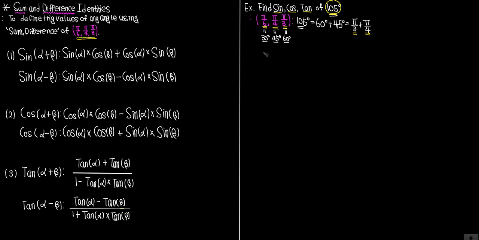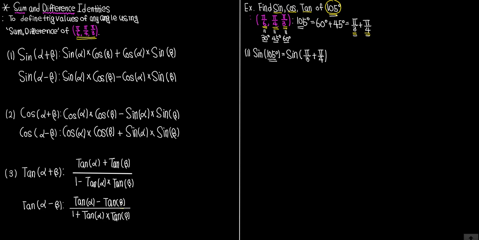Firstly, let's solve for the sine of our main angle, 105 degrees. Luckily, we can manipulate 105 degrees into the addition of the two special angles, pi over 3 radian and pi over 4 radian. So this is the same thing as sine of pi over 3 radian plus pi over 4 radian.